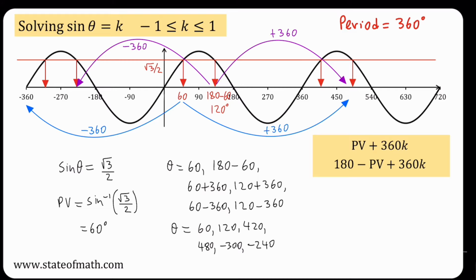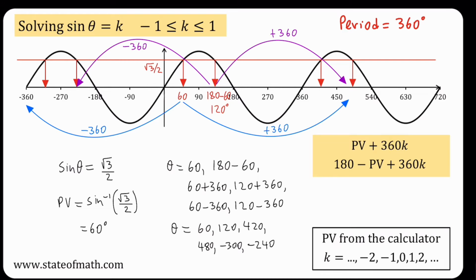Now PV comes from the calculator, and k is an integer. It could be negative, it could be 0, it could be positive. So I'm adding or subtracting multiples of the period, multiples of 360. So this is the formula if I'm working in degree mode, and if I'm in radian mode, obviously it's going to be PV plus 2 pi k and pi minus PV plus 2 pi k.